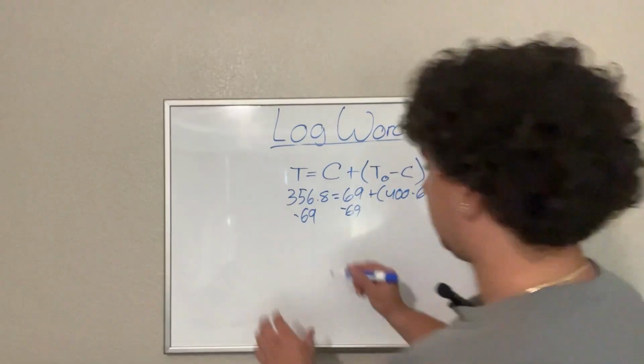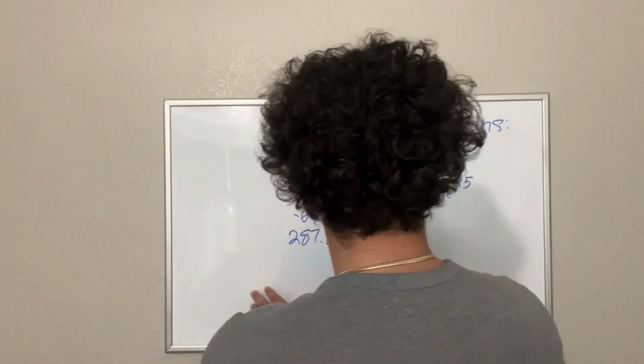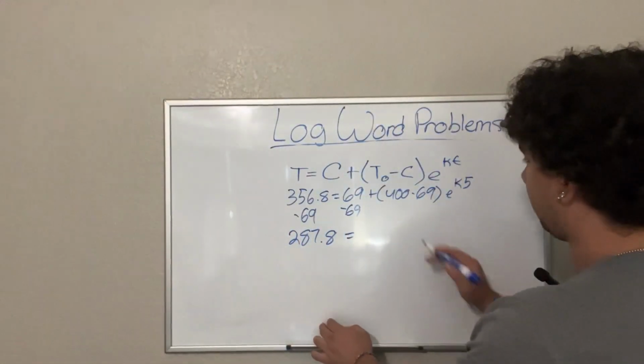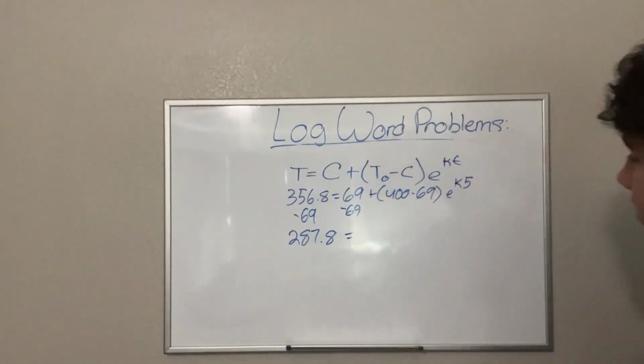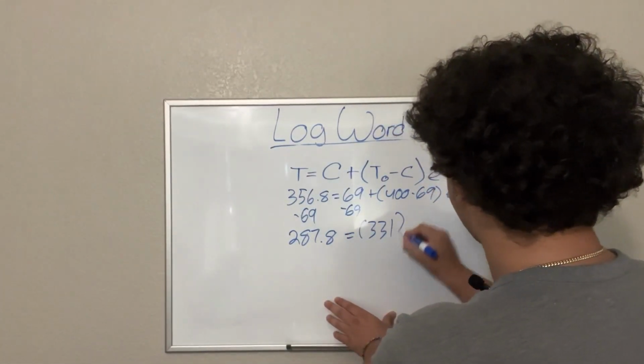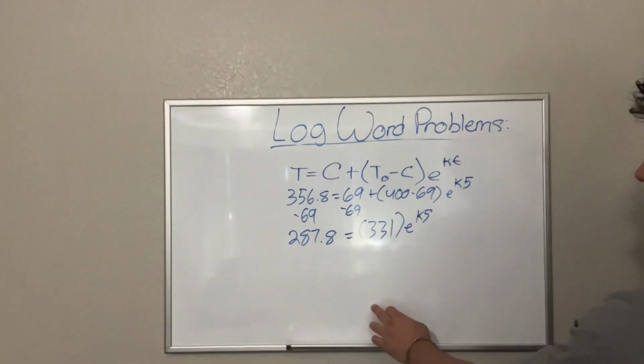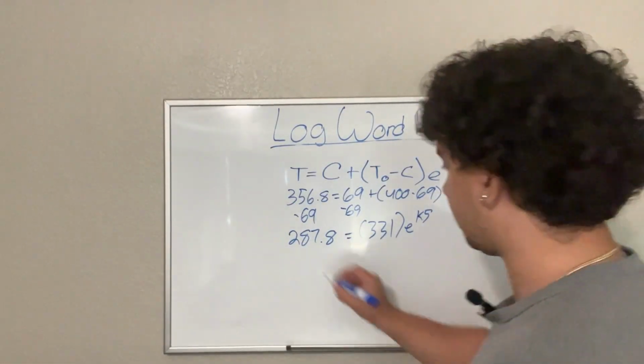Just like that, this equals 287.8. Again, that is equal to 400 minus 69, which is 331, times e^(k·5). Okay, I'm going to divide everything by 331.